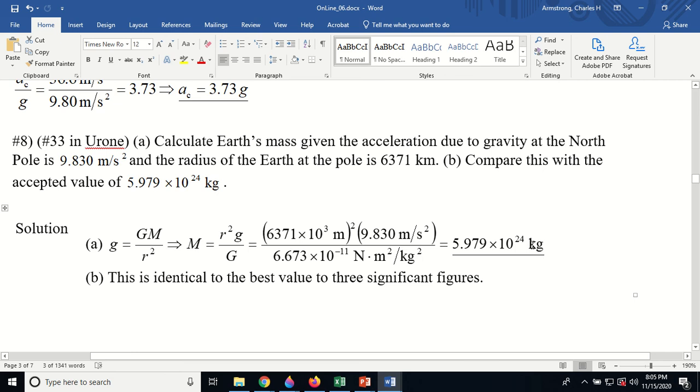We got 5.979, close enough, times 10 to the 24th. So this is identical to the best value to 3 significant digits. The 9 and the 2 are a little bit off, but that's close enough. That's actually pretty good. With this little tiny bit of information, you can figure out the mass of the Earth. Think about that.